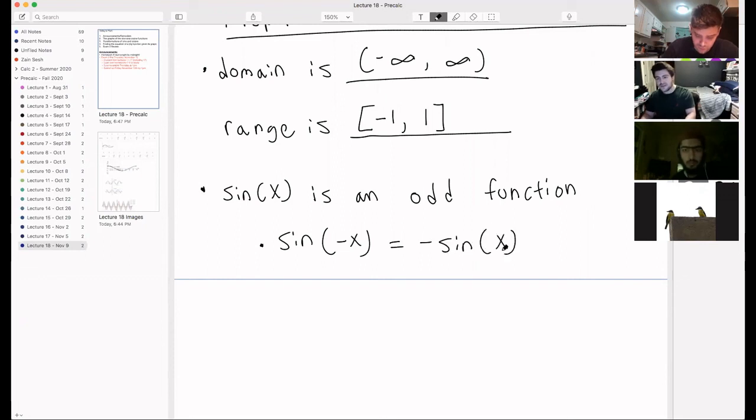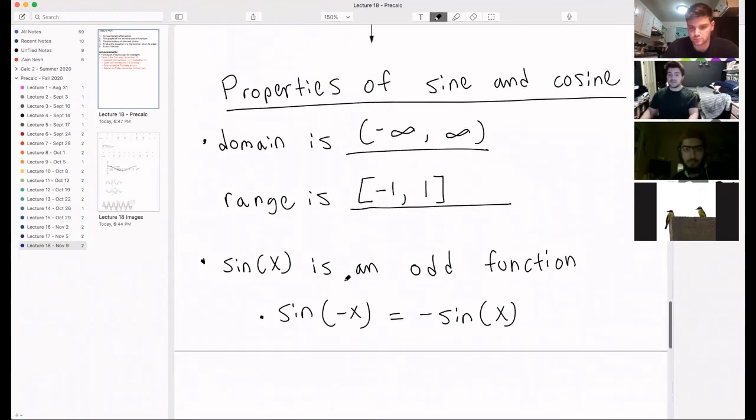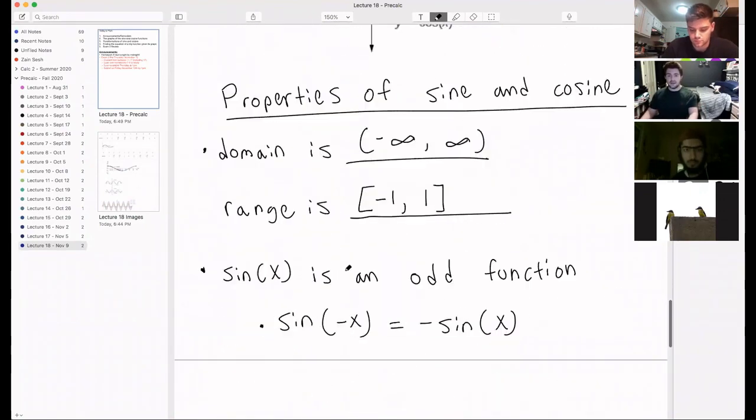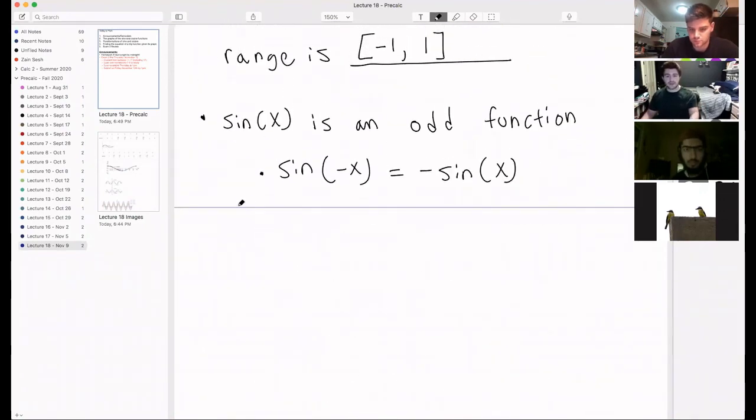So that was the defining property of what it means to be odd. It means I can pull out a minus sign from the input and it comes out as a minus sign on the whole function. So that's for sine. It's an odd function. It's symmetric about the origin.